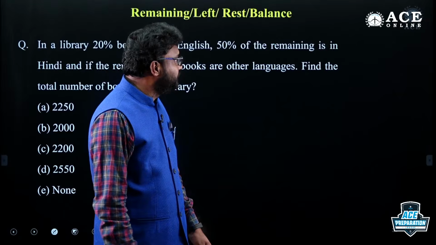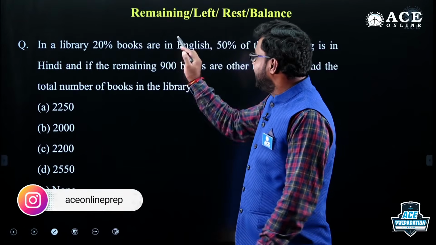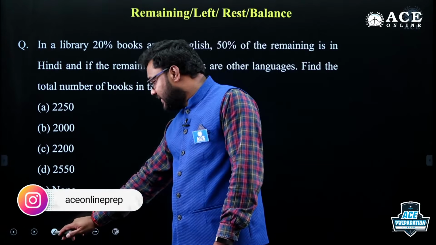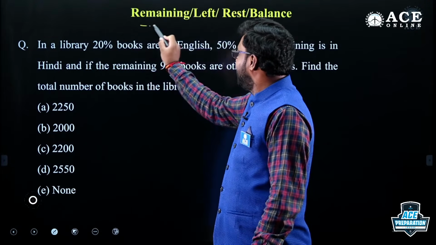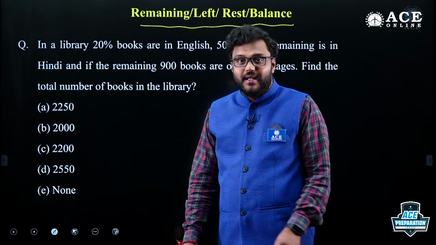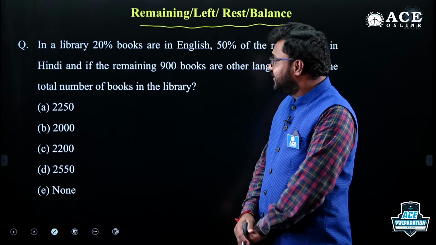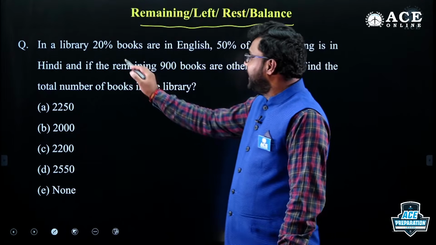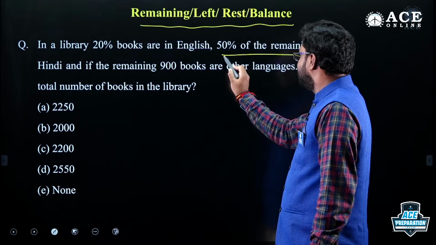Now see the next one. When you have words like remaining or left or rest or balance, as I mentioned in the introduction, we have to be a bit alert, my dear friends. It's not from the total, it's from the remaining. You can see in the question, in a library 20% of the books are in English, 50% of the remaining.